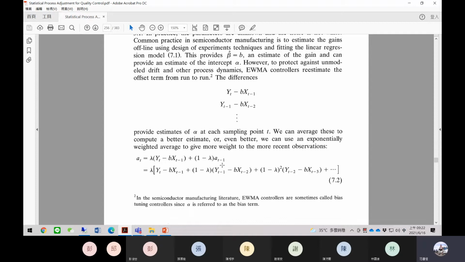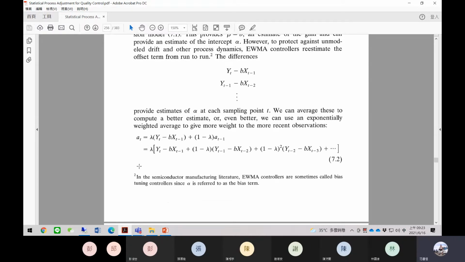We keep doing that, since in terms of the recursion, AT minus 1 is replaced by this. AT minus 1 equals lambda YT minus 1 minus BXT minus 2 plus 1 minus lambda AT minus 2, and keep doing that, putting the recursive relationship into the bracket.